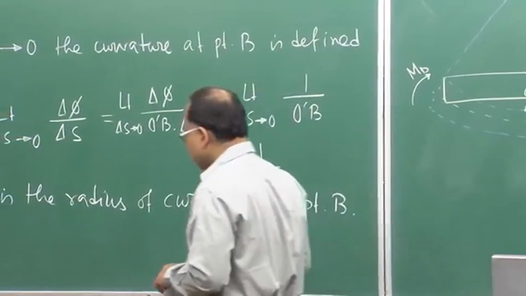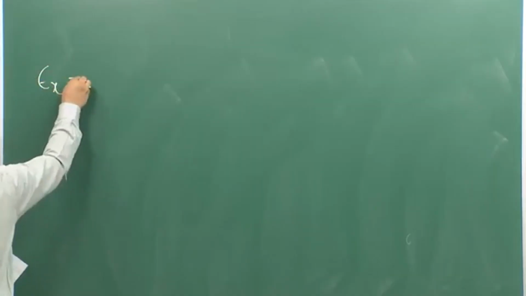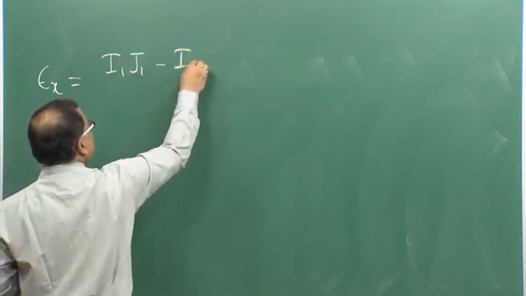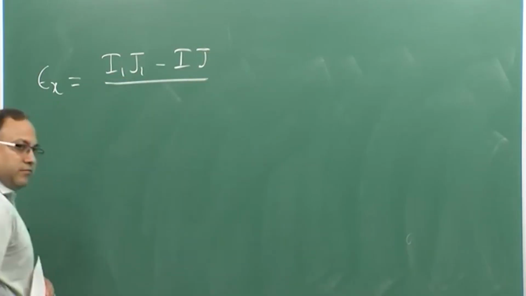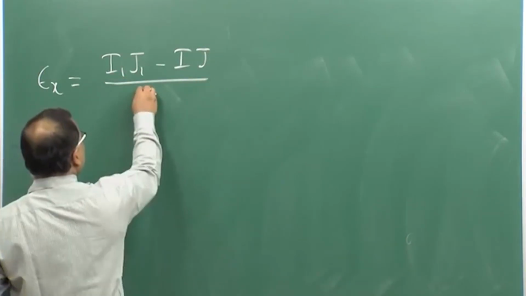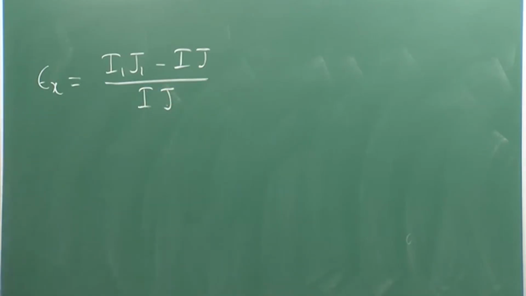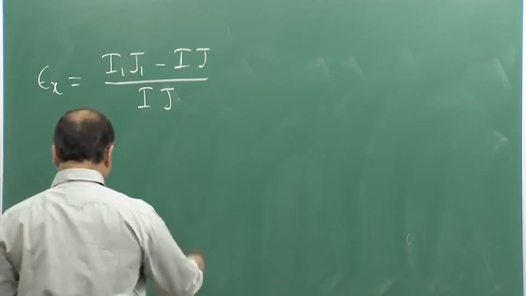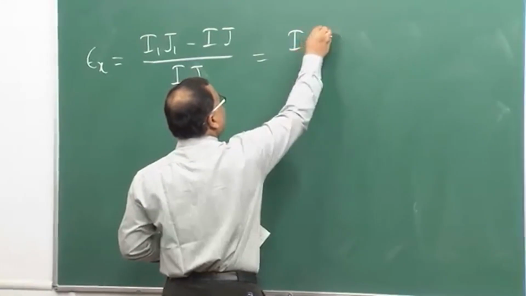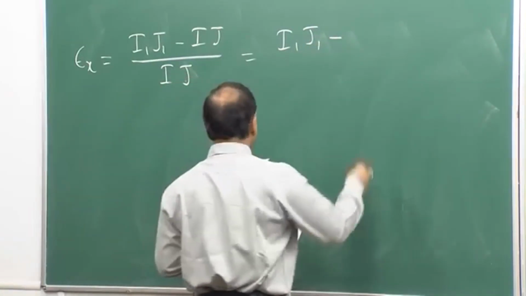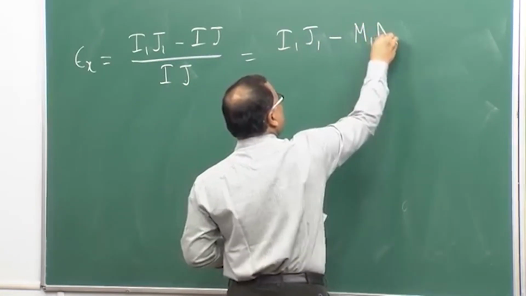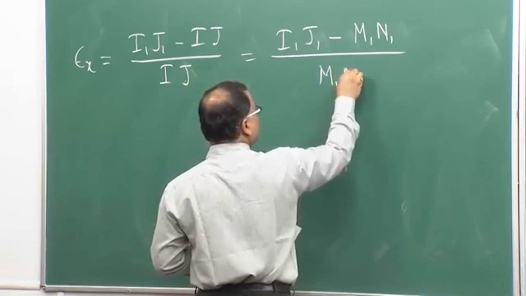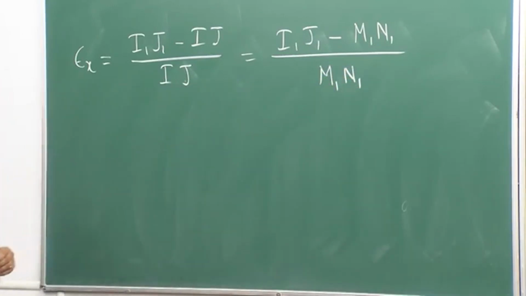So, epsilon x can be written as I1 J1 minus ij, that is the difference in length, okay, divided by the original length, that is happening in the ij fiber. Okay. So, that can be written as I1 J1, fine, okay, minus M1 N1, because ij is equal to M1 N1, by M1 N1. I can write that.